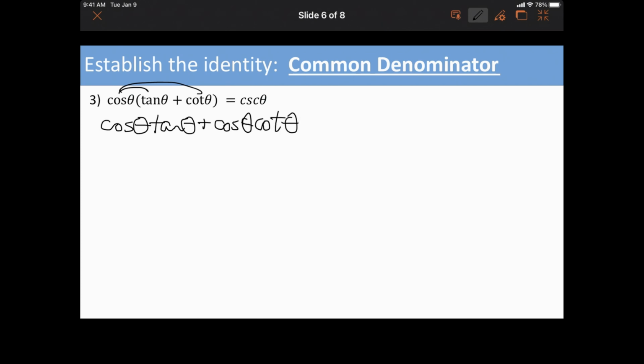And then you're going to say, wait, but is there anything else I can do? We're going to say no. So we're going to go back to that first strategy that we learned, if you're stuck. Is there a Pythagorean identity? No. There's no common denominator because there's no denominator yet.